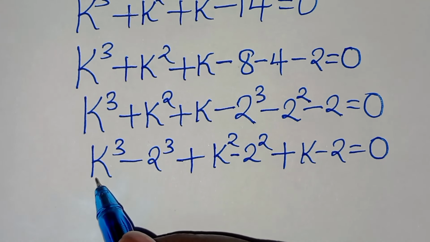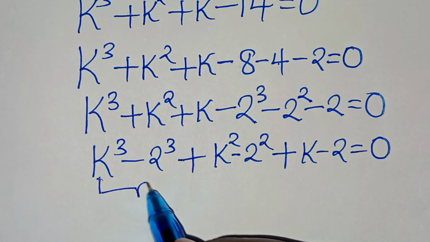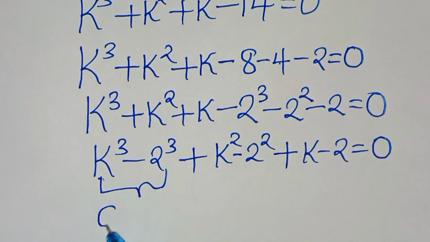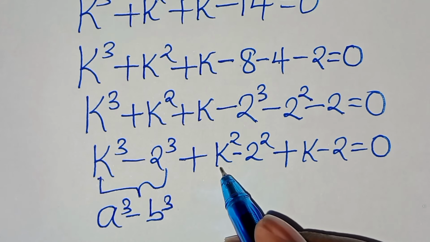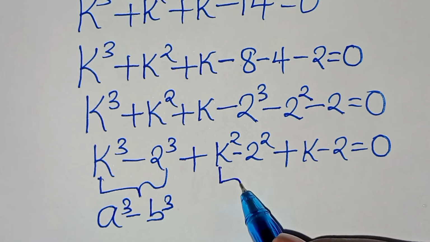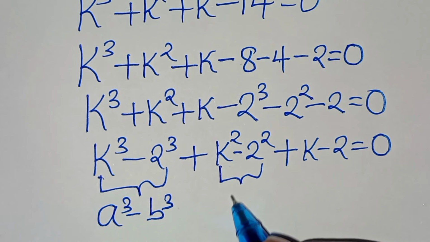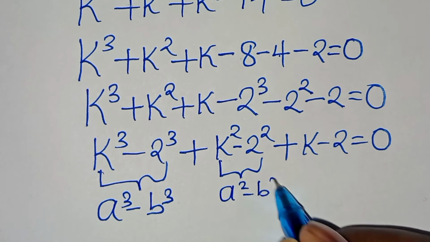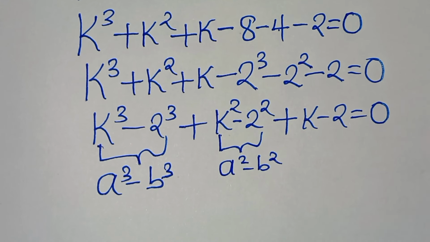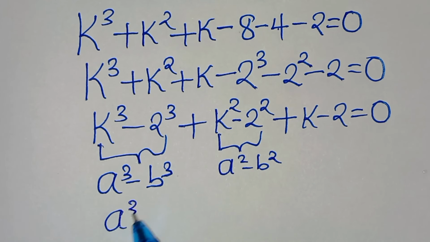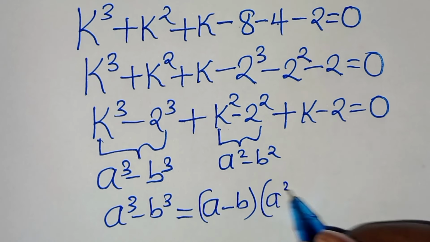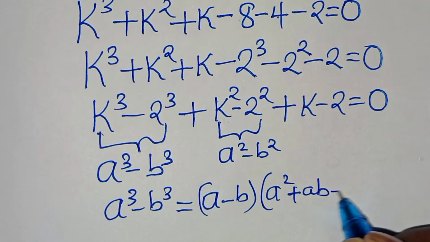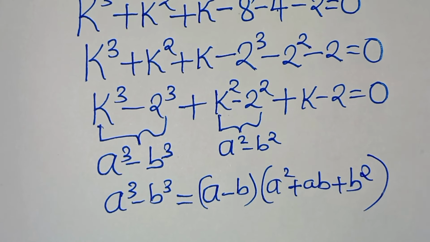Now, we have that k to the power of 3 minus 2 to the power of 3. This is actually the difference of two cubes expressed as a to the power of 3 minus b to the power of 3. And we have k squared minus 2 squared. This is the difference of two perfect squares expressed as a squared minus b squared. So a to the power of 3 subtract b to the power of 3 can be expressed as a subtract b, times a squared plus a times b, then plus b to the power of 2.